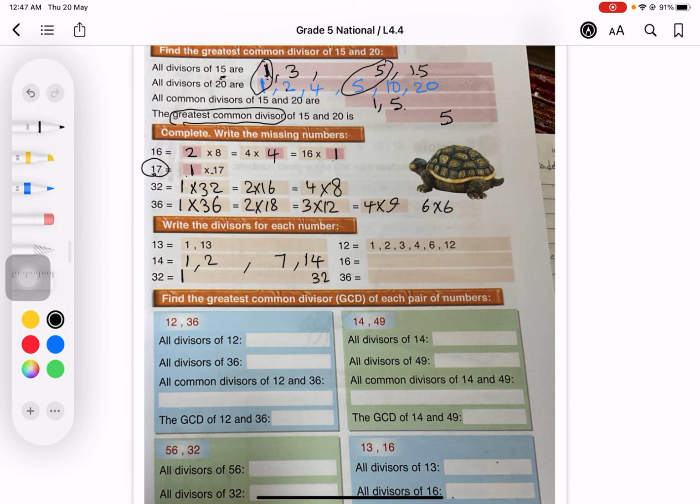1 with 32, 2 with 16. 3, there is no 3. 4 with 8. All these are divisors of 32. 2 and 16, sorry, 2 and 16 here.